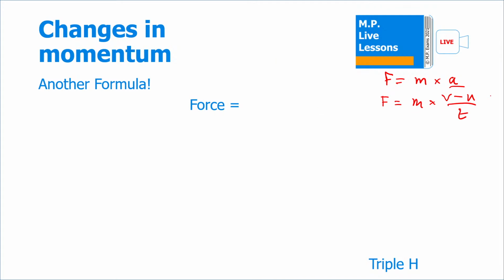In other words, it's the final minus the initial velocity. Now, we see that mass times velocity is actually momentum. So we have final minus initial momentum, so that's a change in momentum, divided by time.